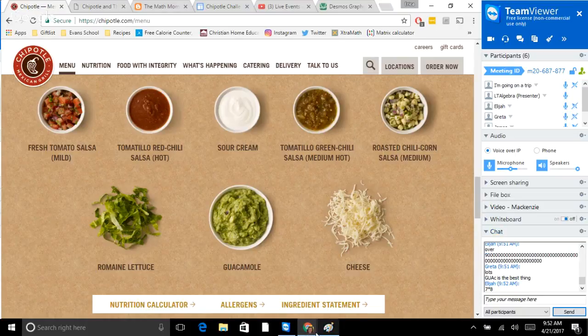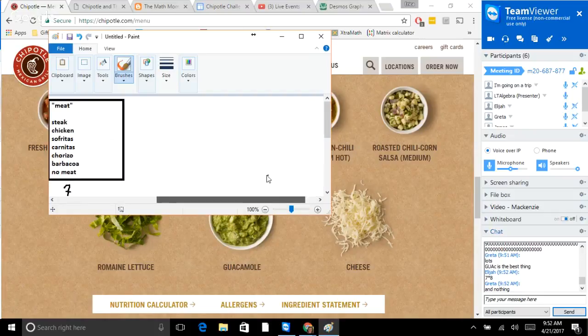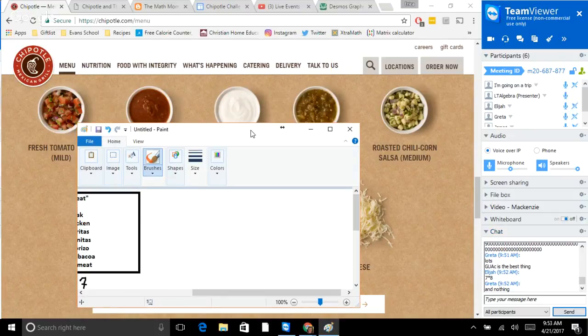So we have another column here where we've got our toppings, right?